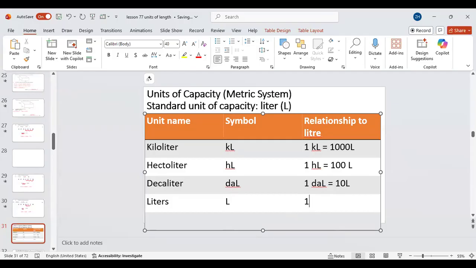So that's our base unit, which is 10 to the power of 0, which is 1. Cool. Then we have, what's next? Deciliter. Very good. Deciliter.